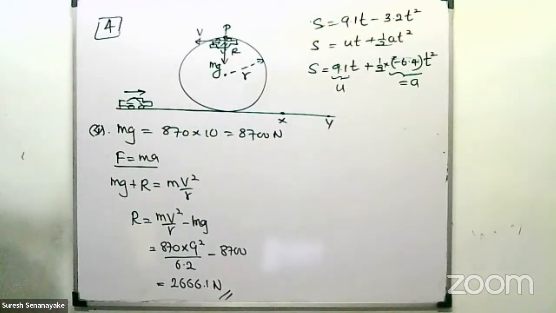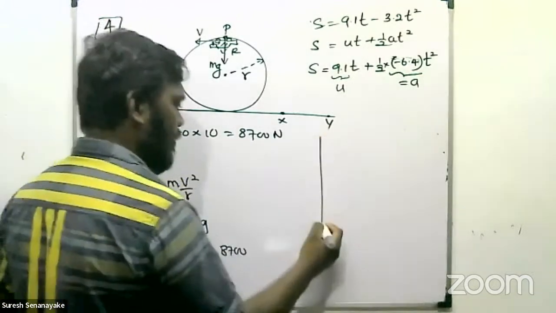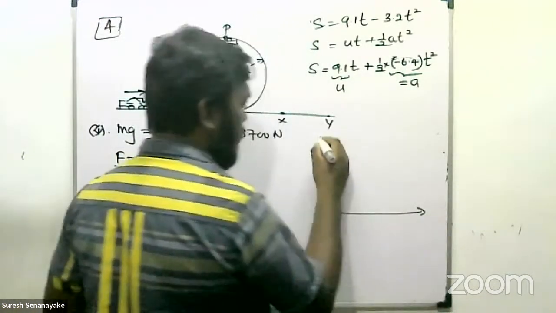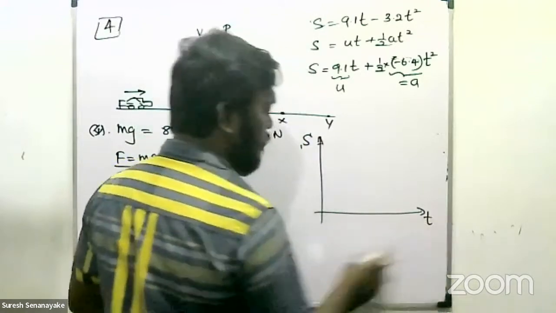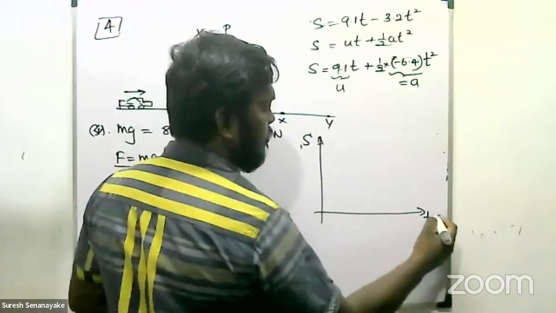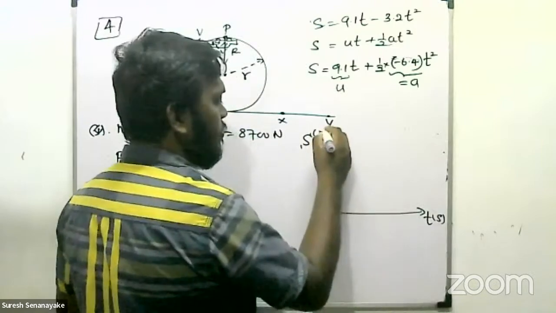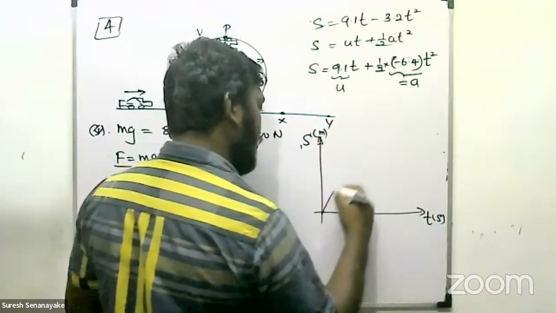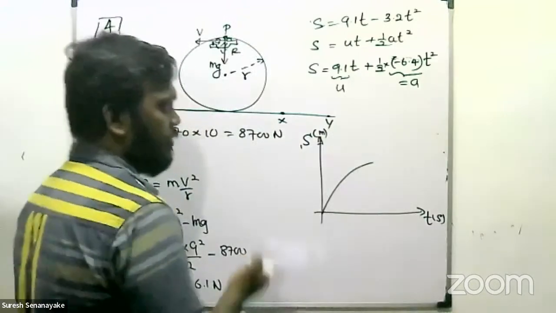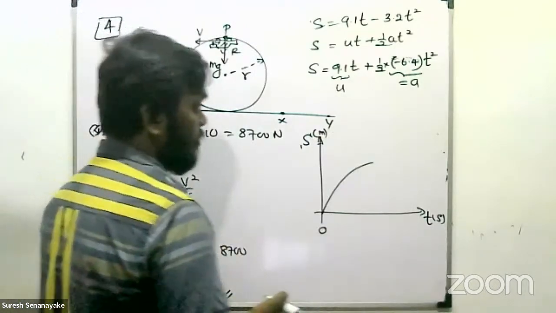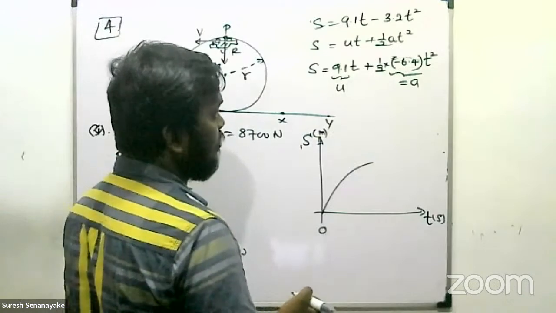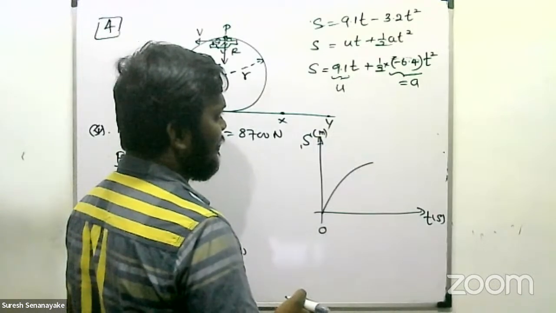This is the displacement-time graph for this deceleration, with time in seconds and displacement in meters. The deceleration curve moves like this. Initially, zero displacement at the start. Then how can you put the values in?